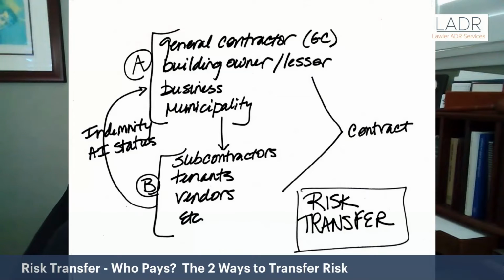They're supposed to keep their sidewalk clear. So that, in a nutshell, is what risk transfer involves.